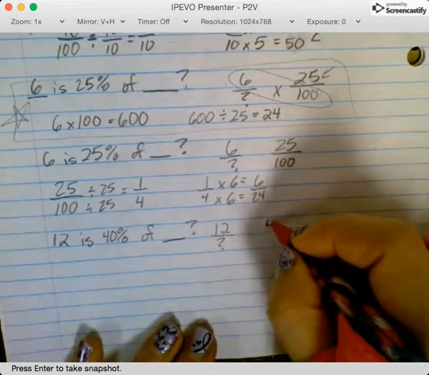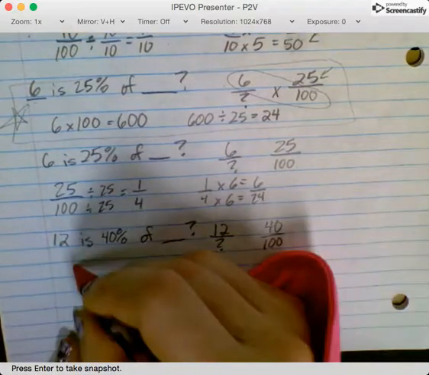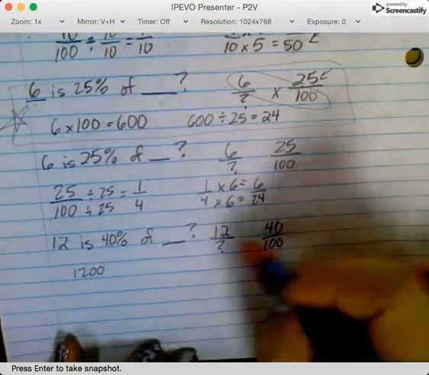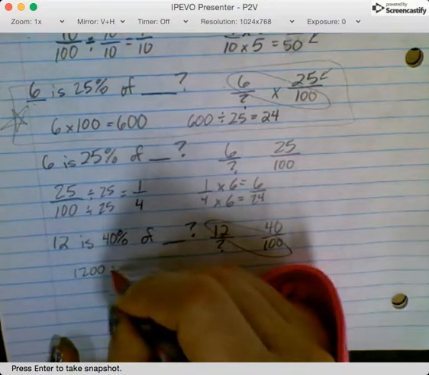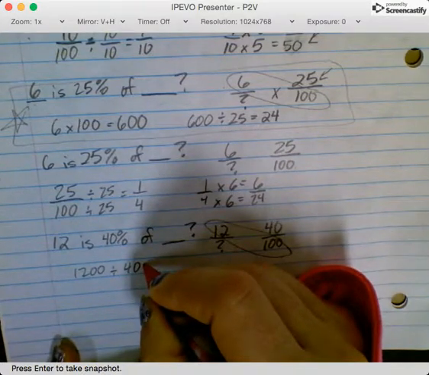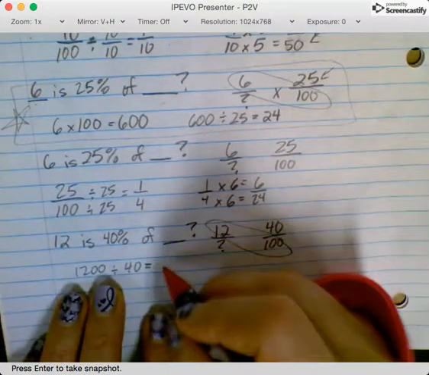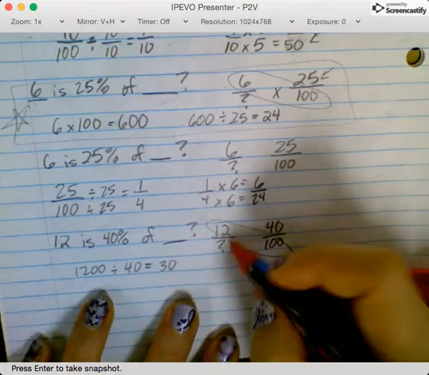So 40 over 100, multiply, and I get 1200. I'm going to go pretty quick. And then divide that by 40, and I would get 30. So my answer should be 30.